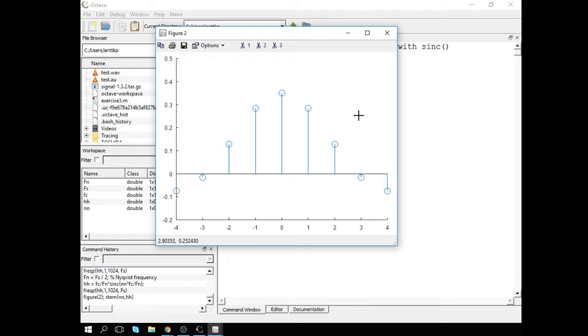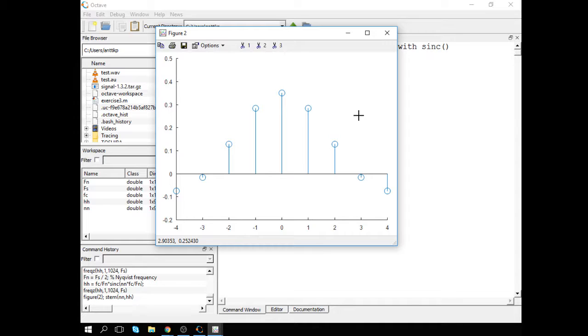So those were the weight factors to calculate that low pass filter. See, there are also negative values. And those are needed to shift the cutoff frequency to the right place.